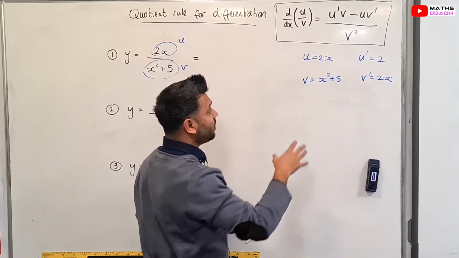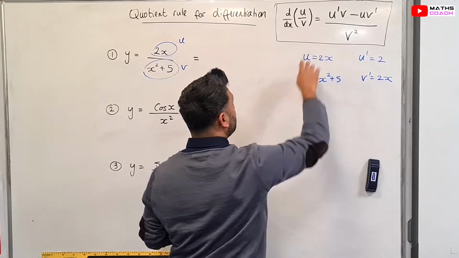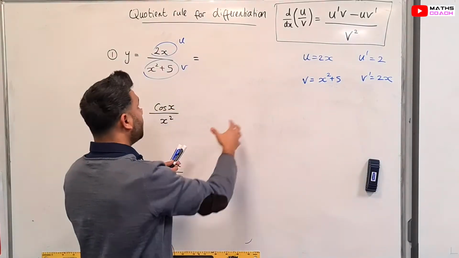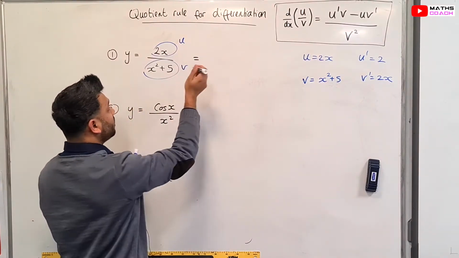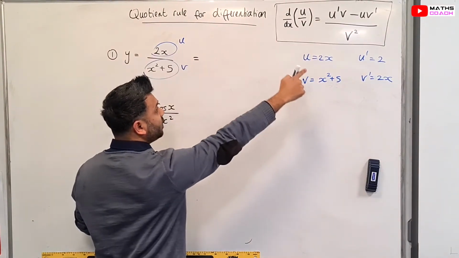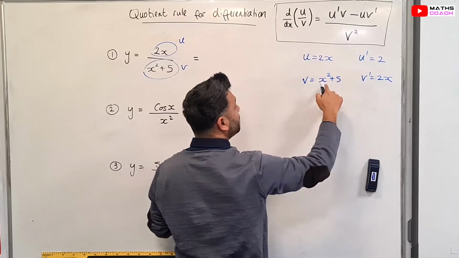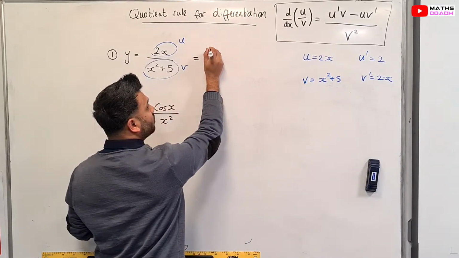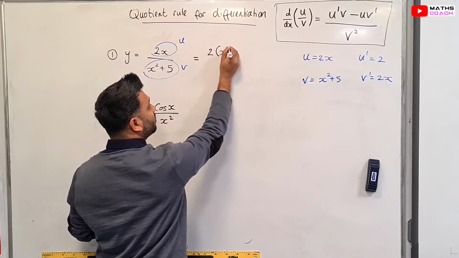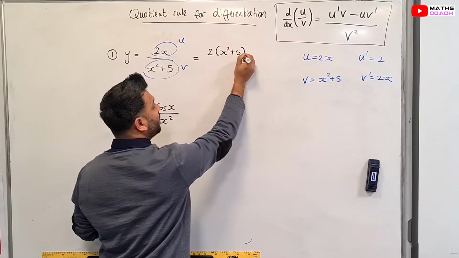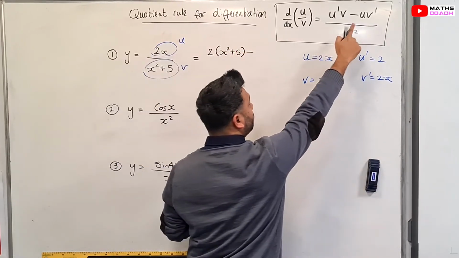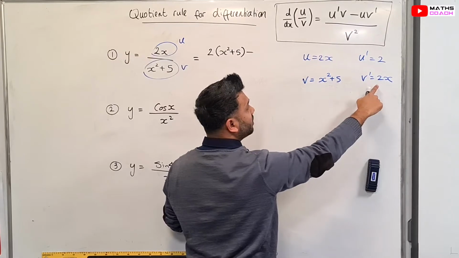So all we have to do now is substitute our expressions into the quotient rule for differentiation and write the answer here. So this is equal to u dash v, you can see that's u dash times v, so we have 2 multiplied by x squared plus 5, minus u v dash, that's our u, that's our v dash.